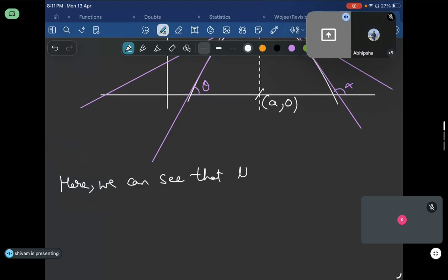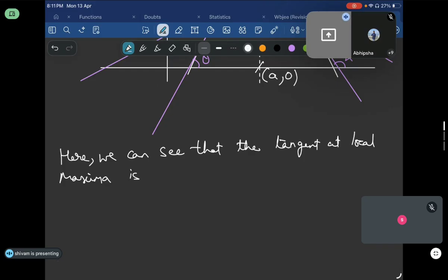that the tangent at local maxima is a horizontal line parallel to x-axis.